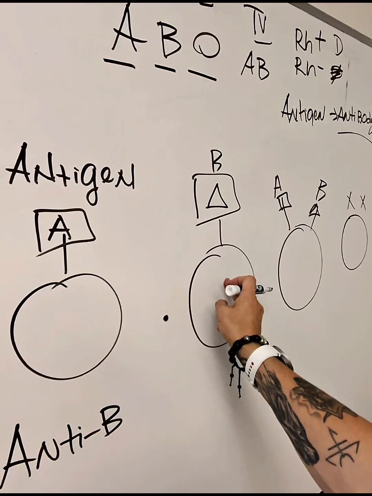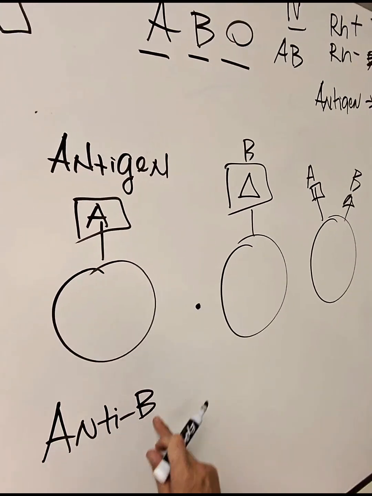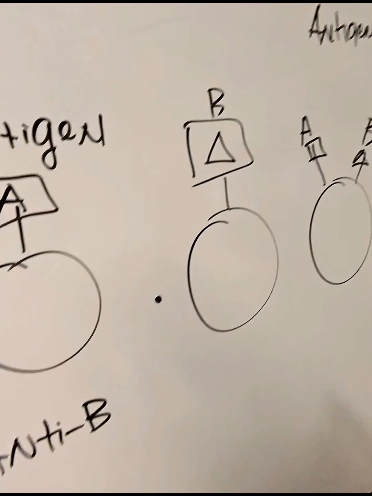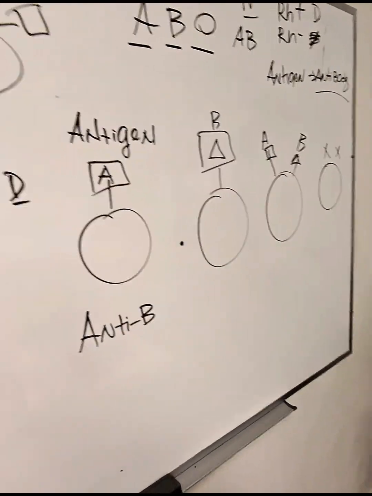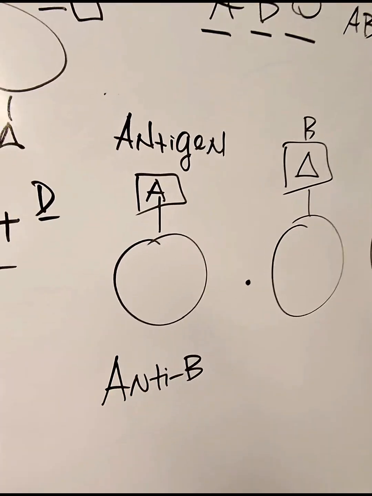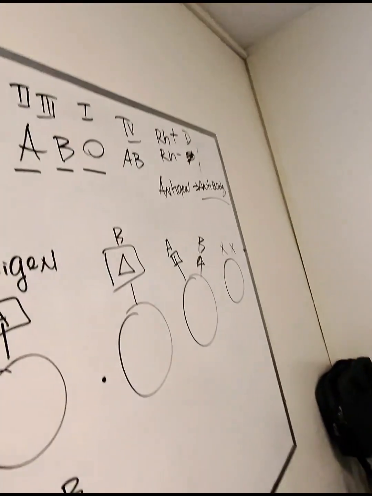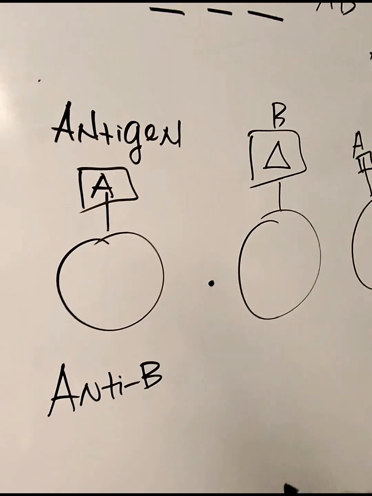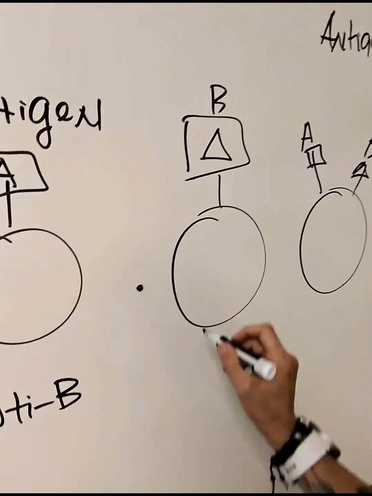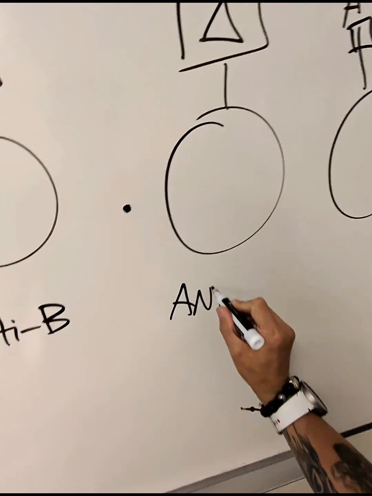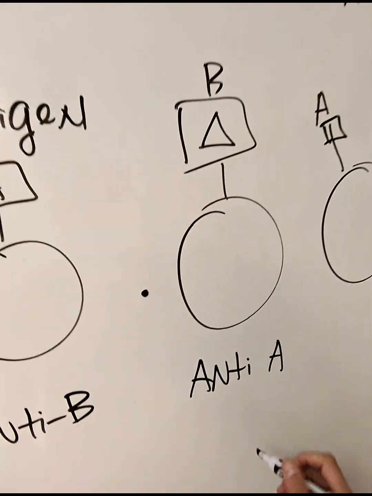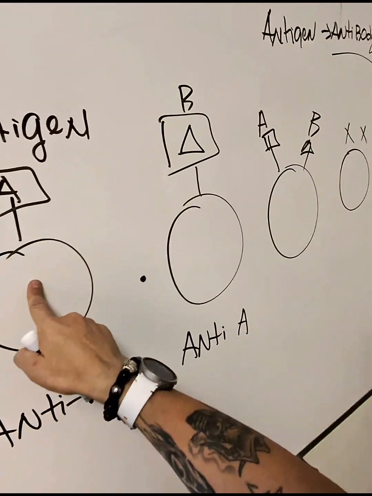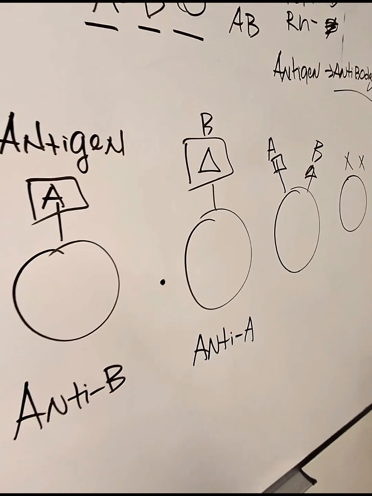So when you try to bring B blood into A blood, anti-B will attack B. The red blood cells would be destroyed and release hemoglobin molecules that transport oxygen, and that can lead to failure of an organ like the kidney, for example, because the hemoglobin would be very toxic for the system. So B has anti-A. If you try to bring A into B, anti-A will attack blood type A.